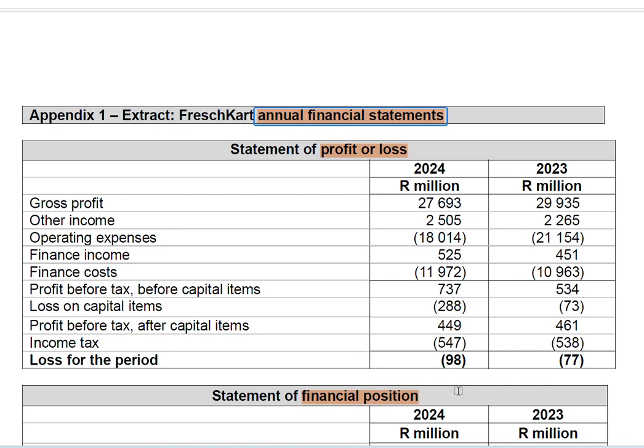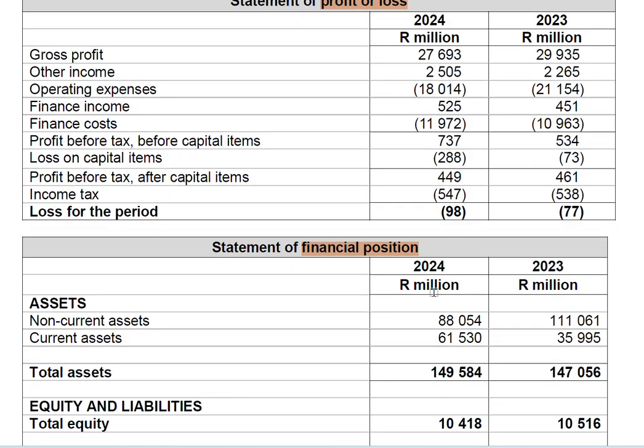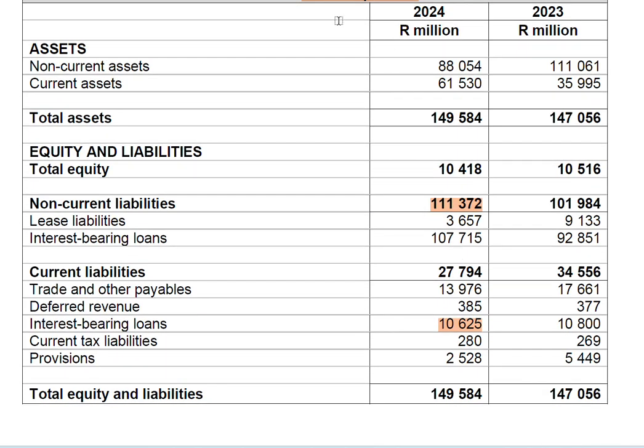All those amounts that you see here are the amounts that we're going to use for the ratios. I want you to keep this in mind, or just put this next to you as we go through the suggested solution. This was the amount for P&L, and if you go down, these are the amounts for the financial position.